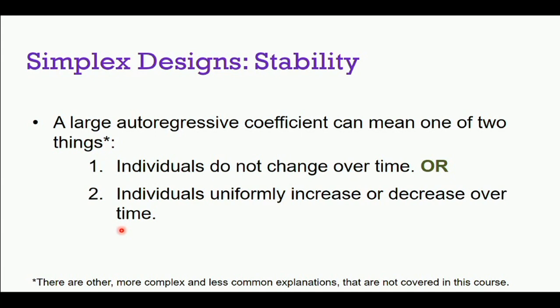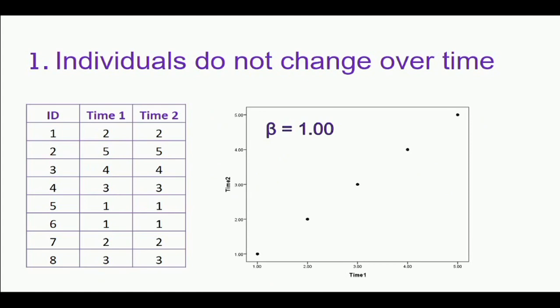But you'll probably find that unless one group is getting a differential level of treatment, so better education, more access to teachers, that sort of thing, then they'll be consistently increasing at the same rate. So their rank order probably won't change. Now, there are other more complex and less common explanations. Fortunately, we don't have to deal with them. So there's only those two possibilities.